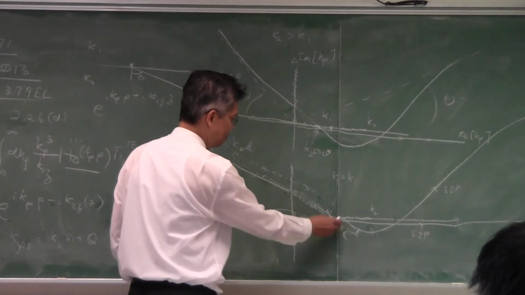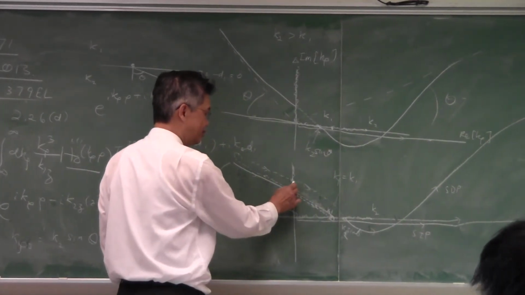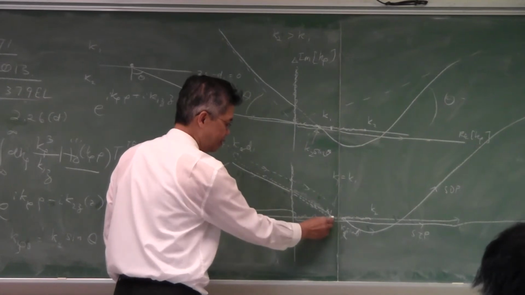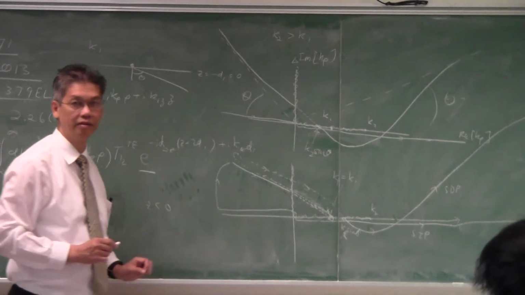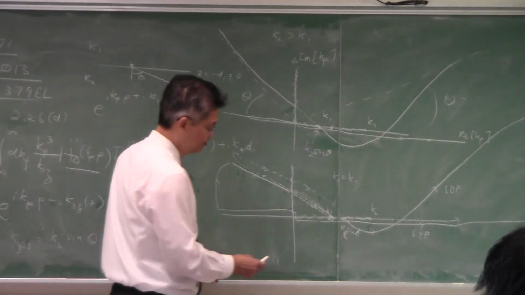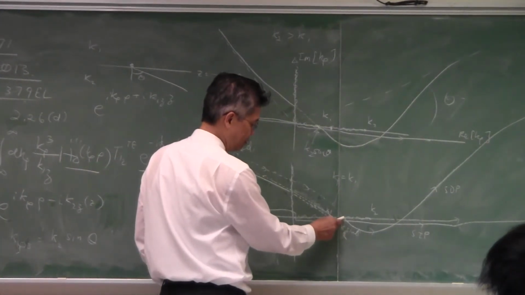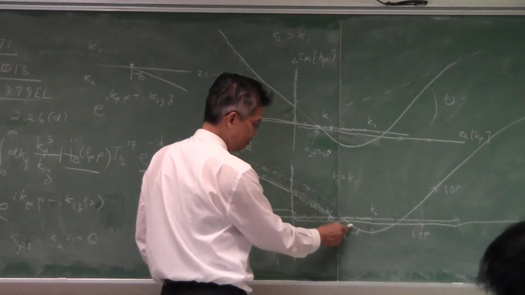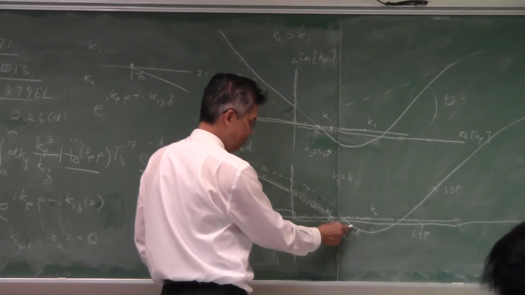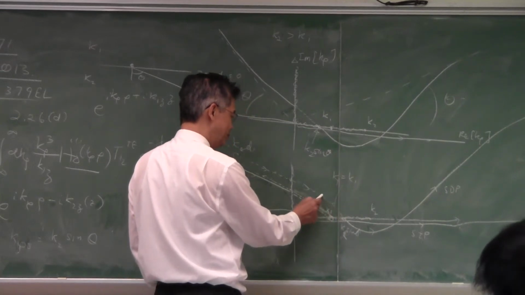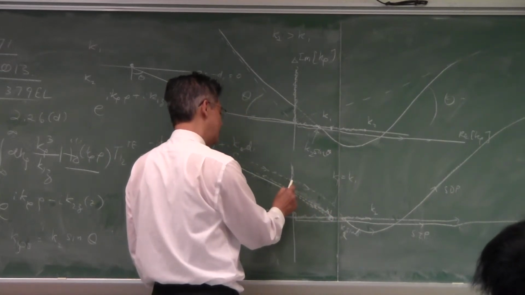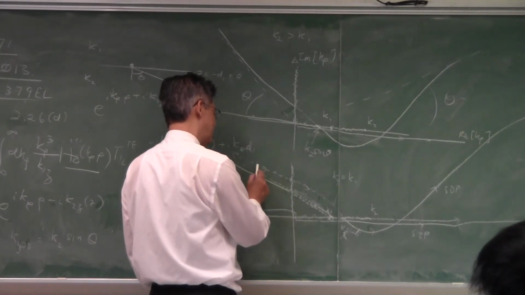Because to get to this sheet, you cross a branch cut once and then you cross a branch cut 2 times. Here you cross a branch cut once, you cross it 2 times. So these two are on the same sheet. Because if you follow the tour of this path, you're on the top Riemann sheet, cross the branch cut once, you're on some middle Riemann sheet somewhere, cross the branch cut 2 times, you're on some Riemann sheet somewhere.